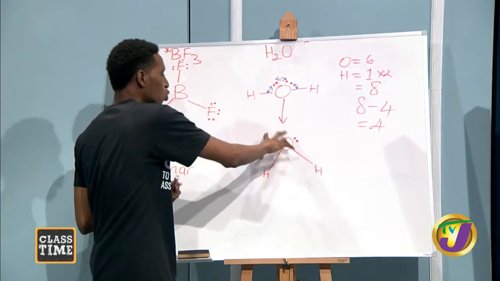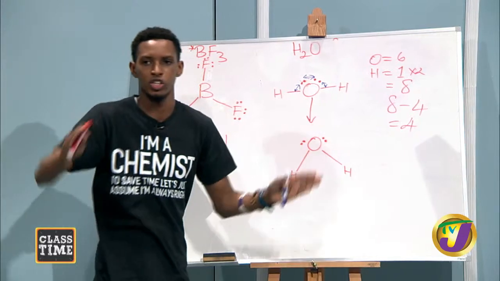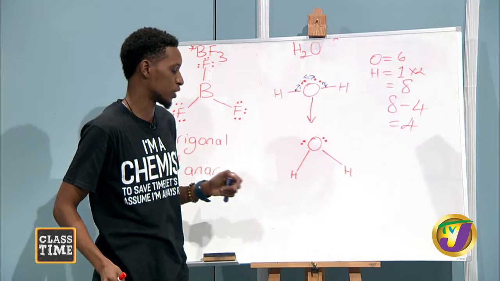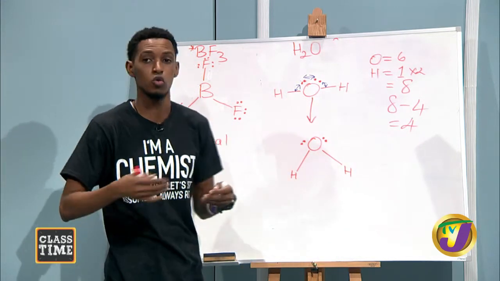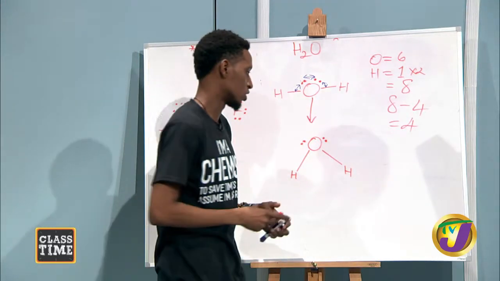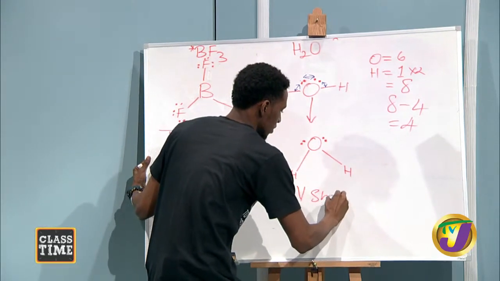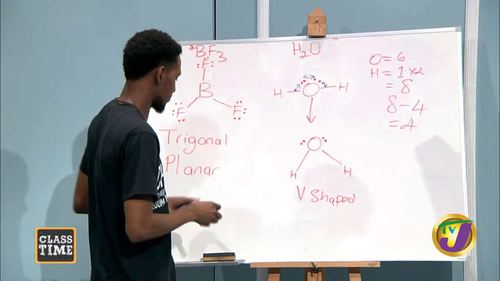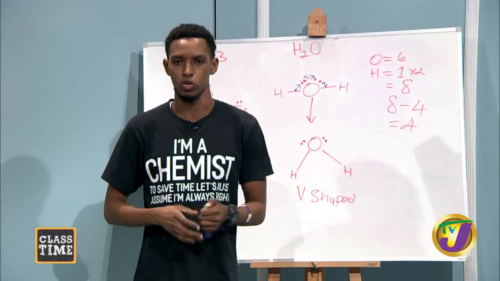So the lone pairs push themselves apart, and in so doing it pushes the bonding pairs away from the lone pairs. So it would rather have a conformation where the bonding pairs are closer to each other than a situation where the lone pairs are closer to each other. And this is called a V-shaped conformation, right? So this is how VSEPR is used to predict the shape of the molecule.